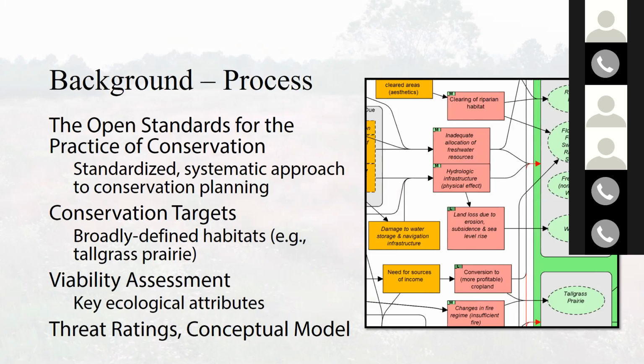And also, this whole conceptual model is used as a starting point for developing conservation strategies, so that you can make sure what you're planning to do to meet your conservation goals is actually directly linked to one of these threats or contributing factors, or to one of your conservation targets directly.